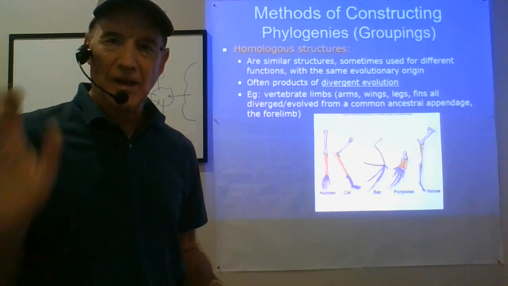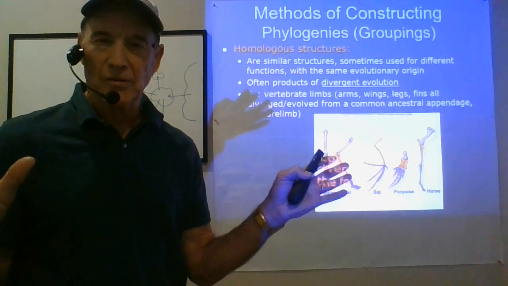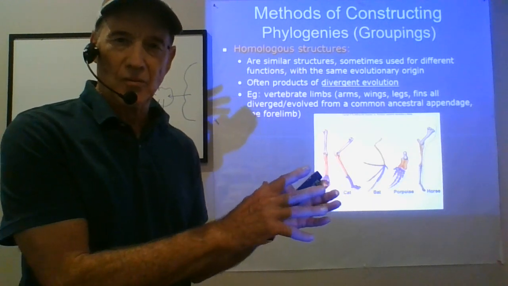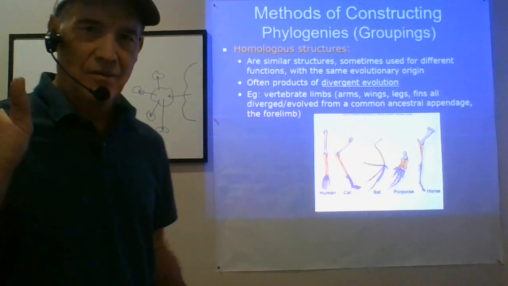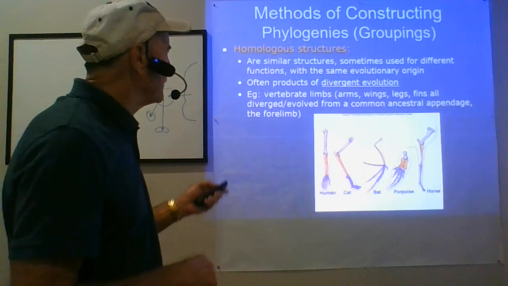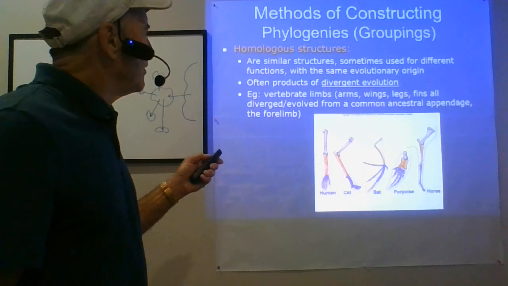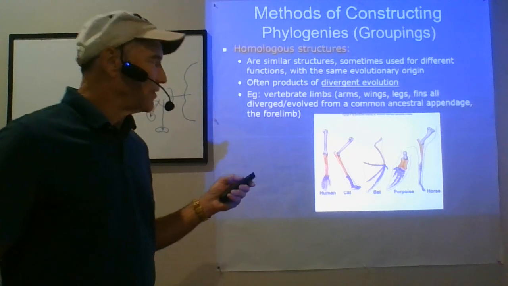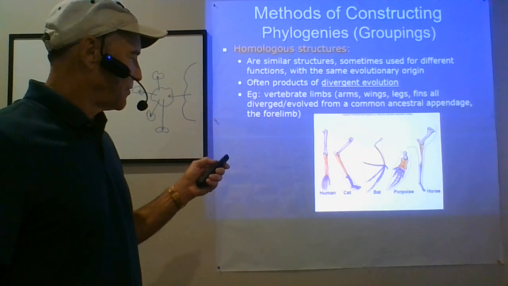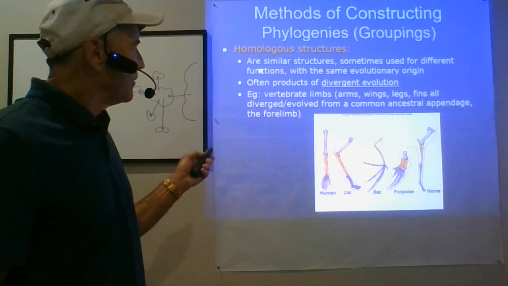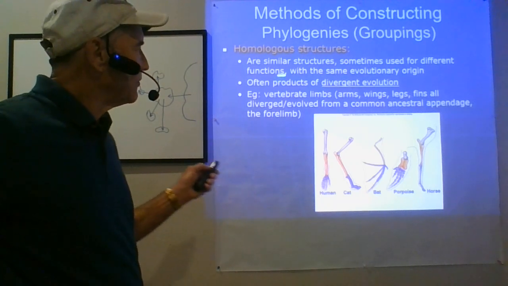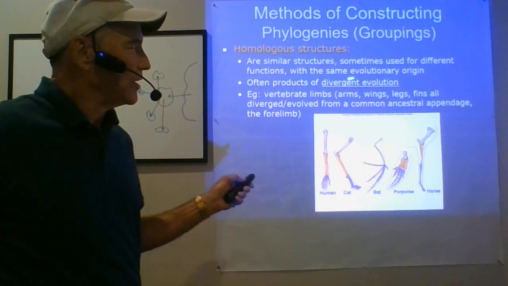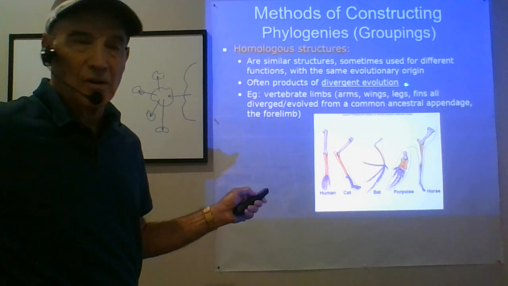Physical and behavioral features they use to say, these guys are more related to one another, and these guys are related to one another, and these aren't related to them. Homologous structures are similar structures, sometimes used for different functions, with the same evolutionary origin.